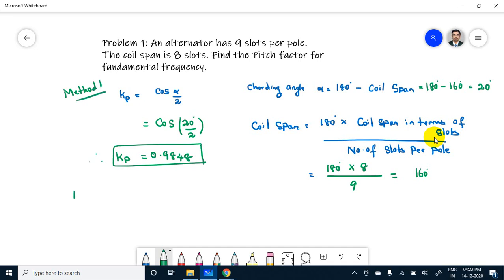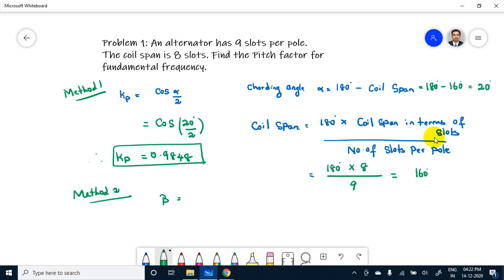In method number 2, we can calculate the angular displacement also. By using the number of slots, we can calculate the angular displacement beta.